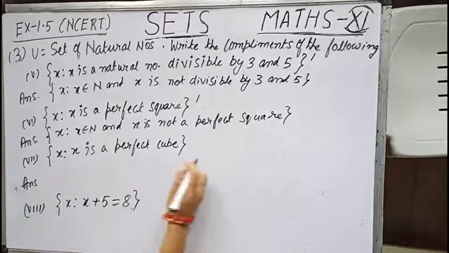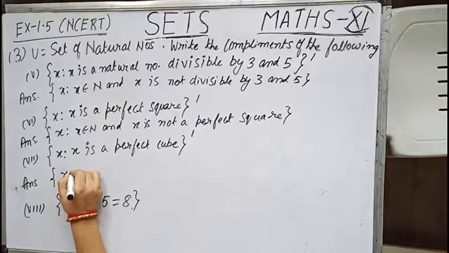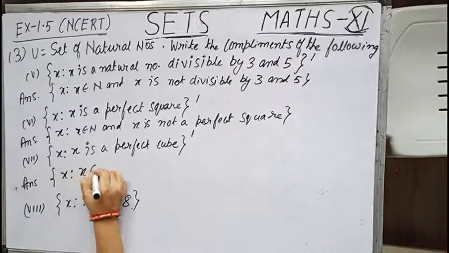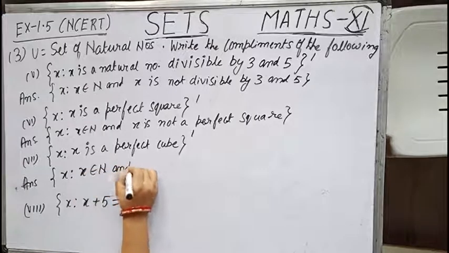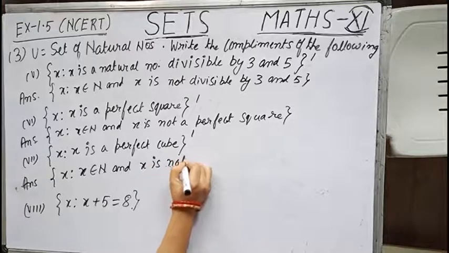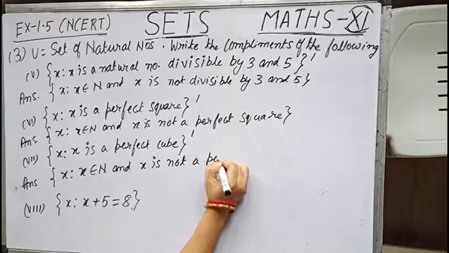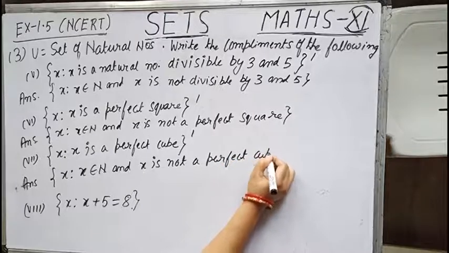Next is x such that x is a perfect cube. Complement of this is x such that x belongs to capital N and x is not a perfect cube.